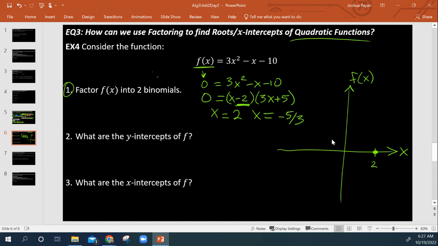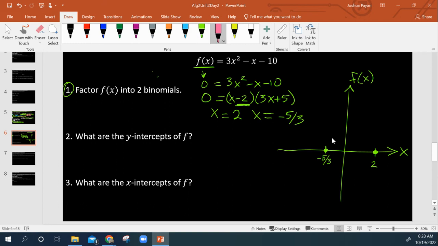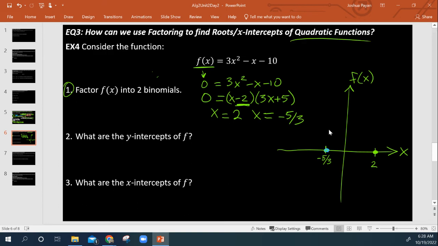Negative 5 over 3, that would be negative 1.67, if we're going to scale this properly, about right there. Let me color code here. I'll say that one goes to that one, and this one goes to this one. And our parabola, well, that's number 3 that we just took care of.